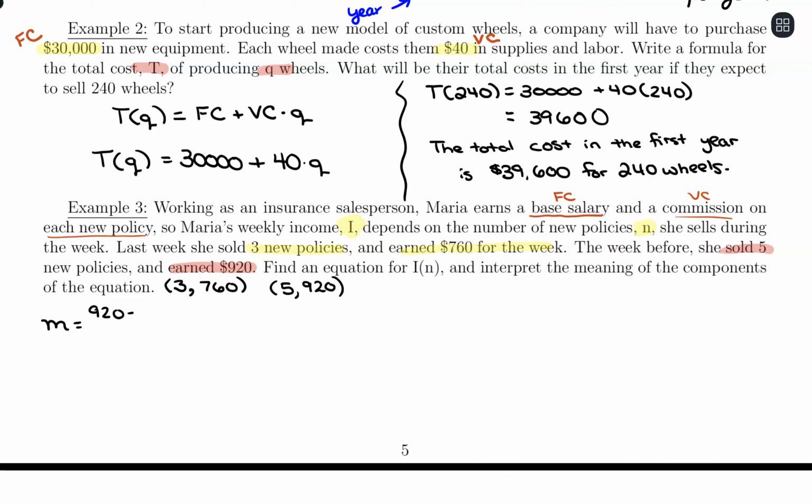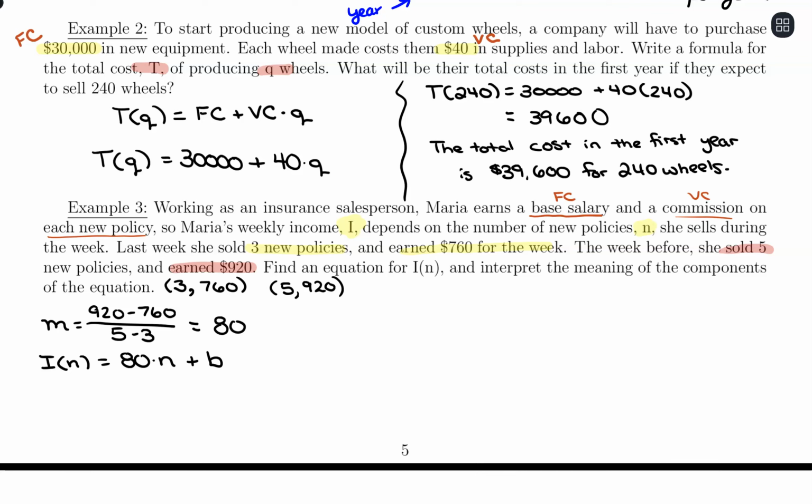So 920 minus 760 over 5 minus 3. And plugging that into a calculator, we should get 80 out. Now this gets us started with our formula or our equation for I of n, because now we know our slope. So we know we have 80 times n. What we still don't know is what is our y-intercept. So I'm just going to go plus b.